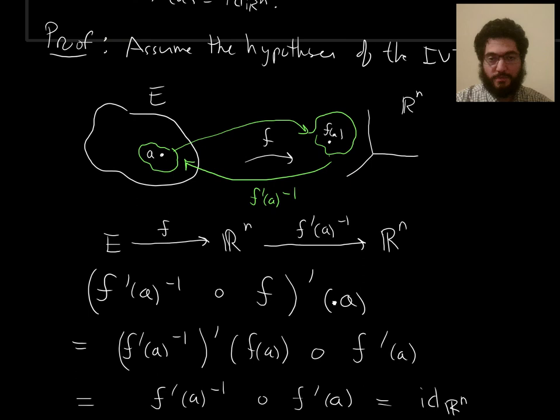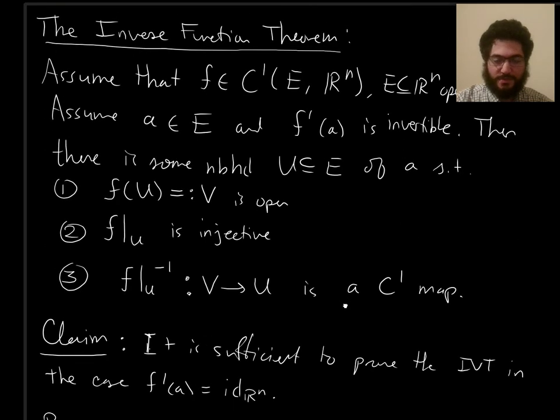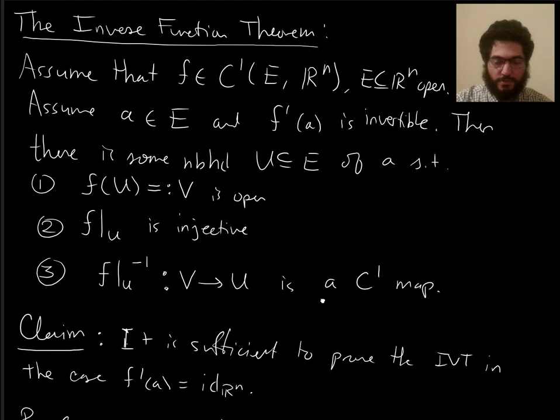So next time when we revisit the inverse function theorem and go to finish the proof, we will be able to approach this, but with an extra assumption, which is not just f prime of A is invertible, but something much stronger, f prime of A is the identity.